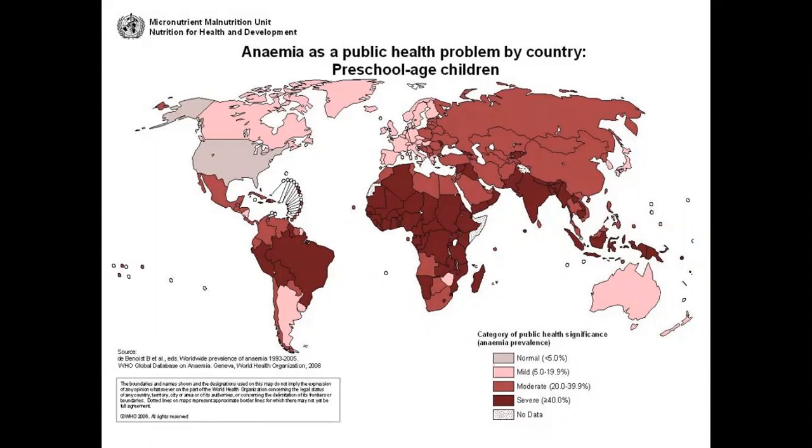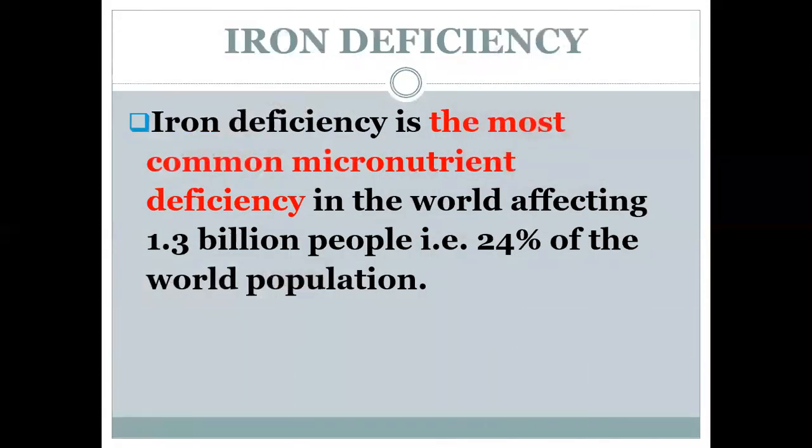And you see that anemia is very prevalent in Asia and in Africa and in South America. And iron deficiency is the most common micronutrient deficiency in the world. It affects around 1.3 billion people, around 1/4 of the world population.